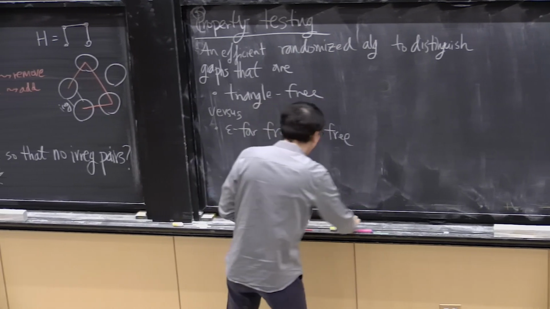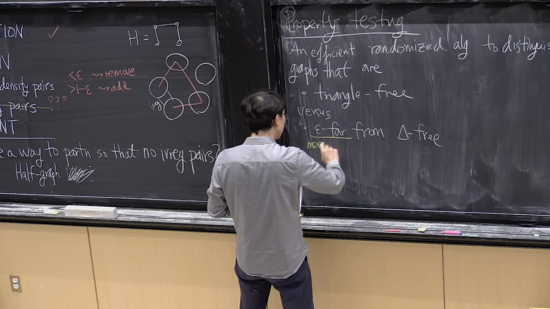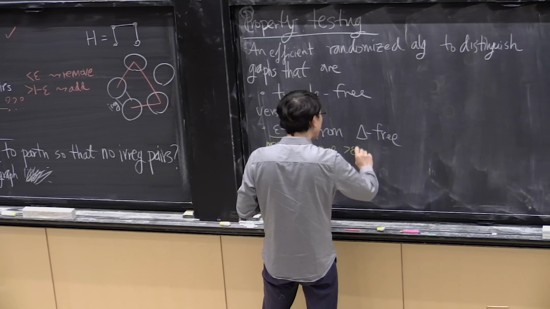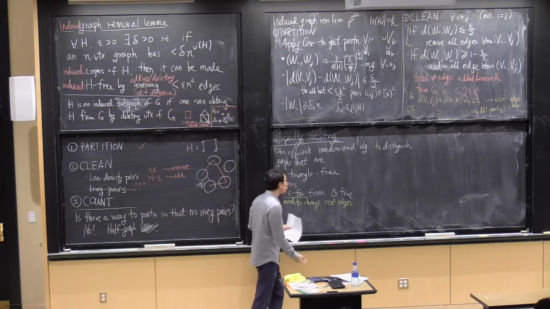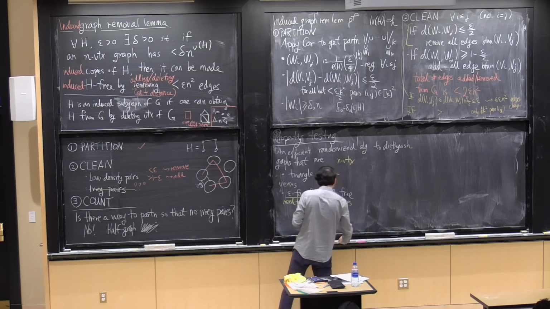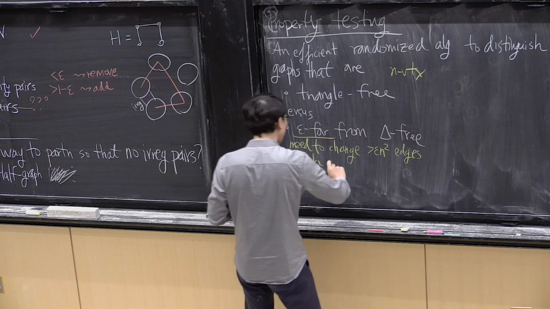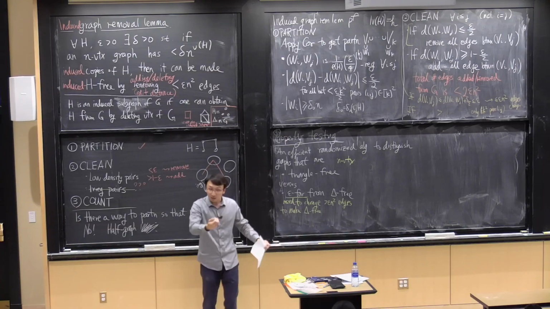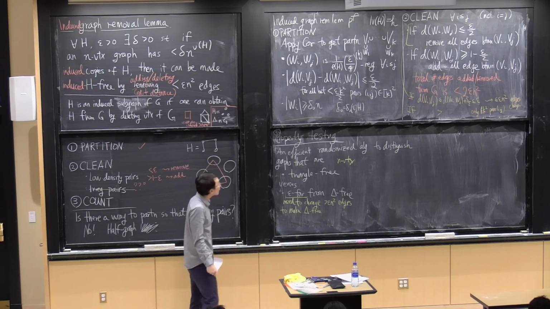Where being epsilon far from triangle free means that you need to change more than epsilon n squared edges, where n is, as usual, the number of vertices, to make the graph triangle free. So the edit distance is more than epsilon away from being triangle free.